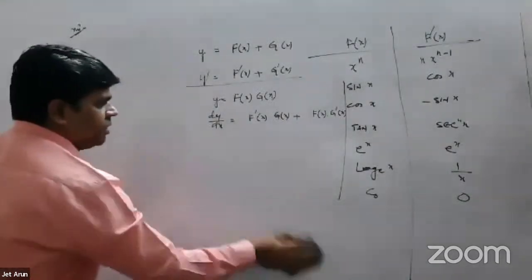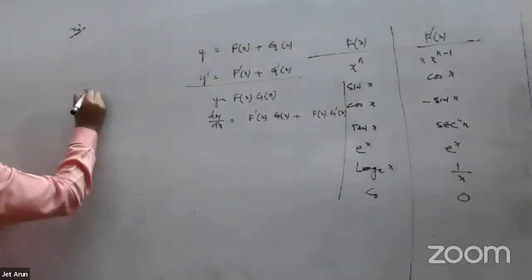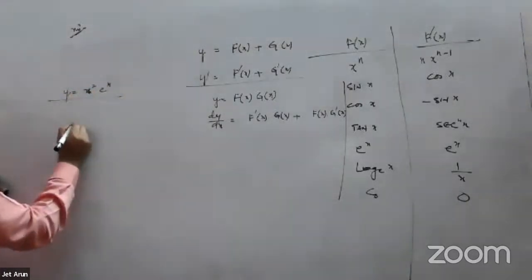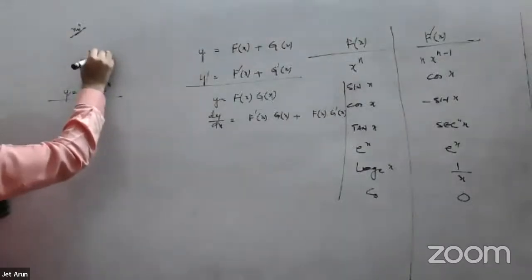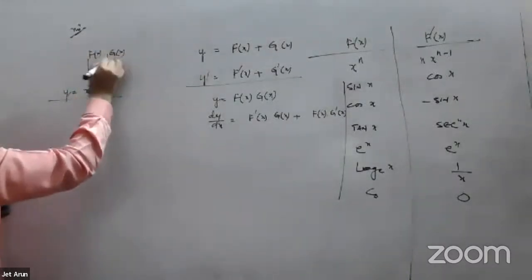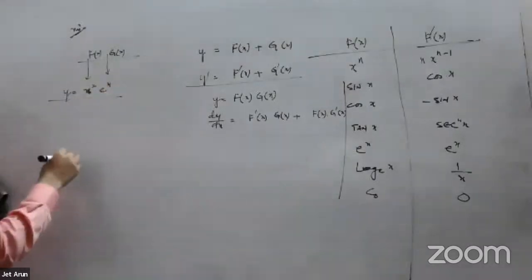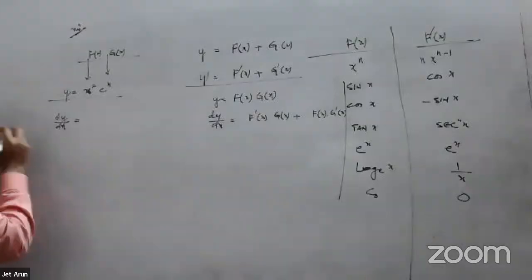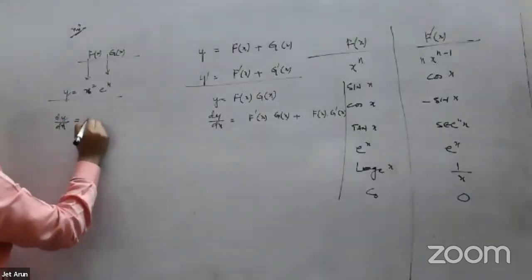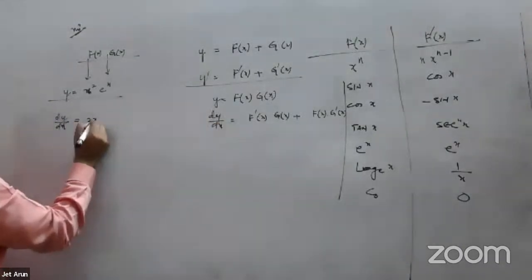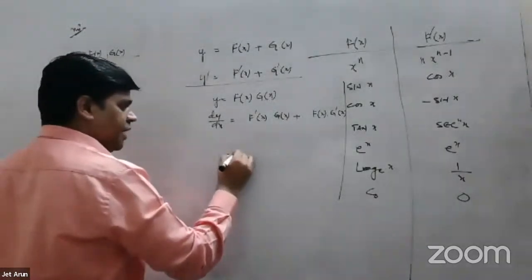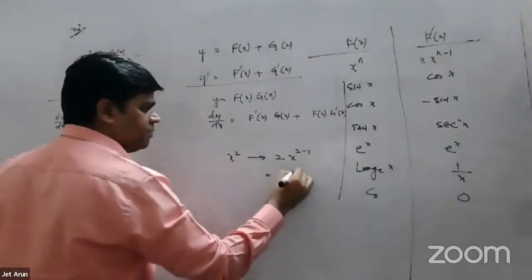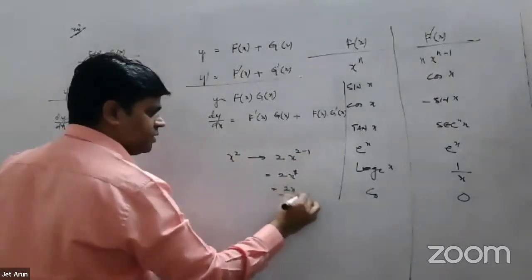Now another would be, let's say, x square e power x. y is equal to x square e power x. Let the first function be f of x, and this function be g of x. So I'll have dy by dx. First, the derivative of the first function is 2x. Why is it 2x? Yes, good. x square gives 2 into x power 2 minus 1, so 2 into x power 1, which is nothing but 2x.